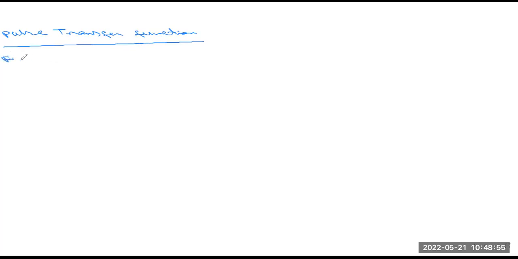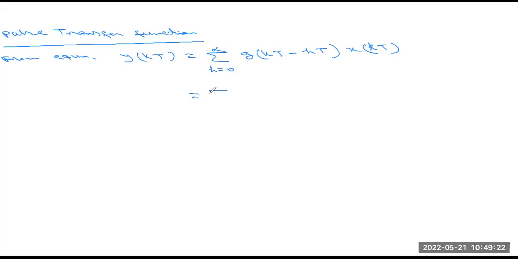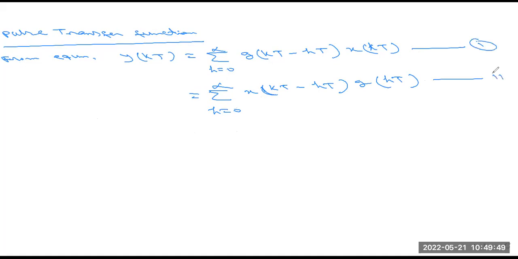From the equations, I write again: y(kT) is equal to the summation of h from 0 to infinity of g(kT - hT) x(hT), and another one, the summation of h from 0 to infinity of x(kT - hT) g(hT). So these two are equation number 1 and equation number 2.